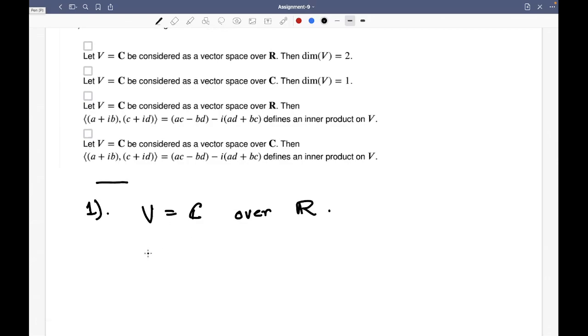So over R, note that 1 and i are linearly independent.